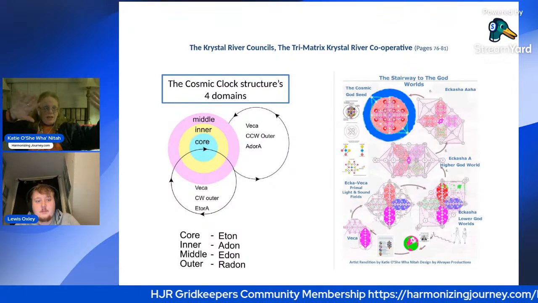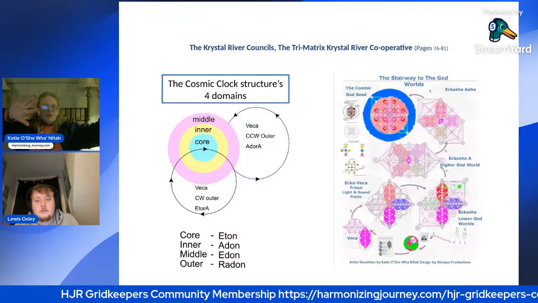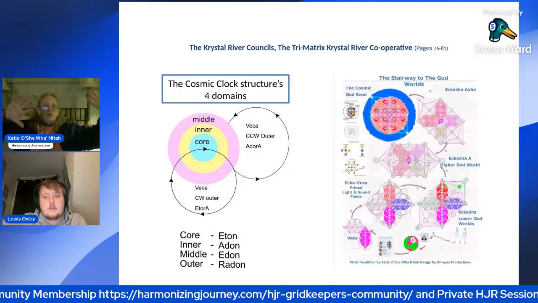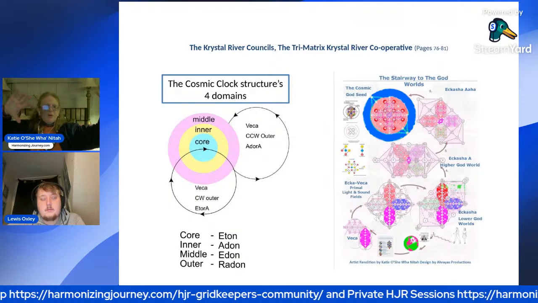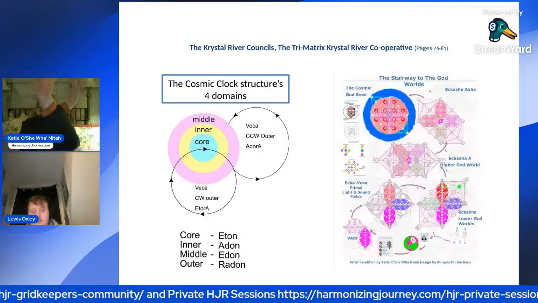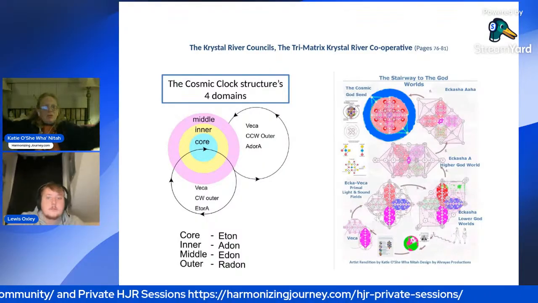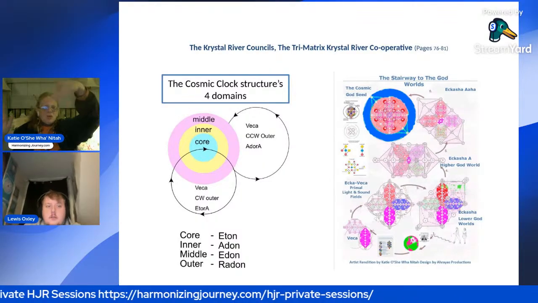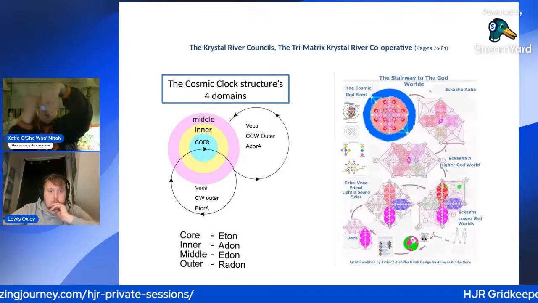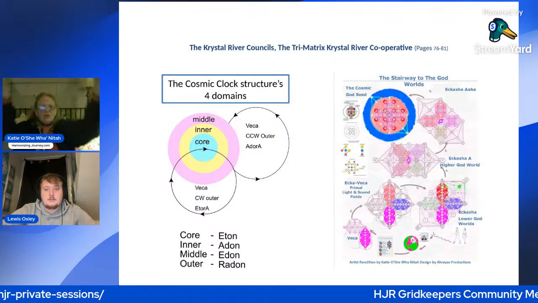They are connected into and come out of the core, inner, and middle spirit body domains. And they spin through each other and around and through each other. So one's running clockwise, one's running counterclockwise, and they spin through each other and cycle through.